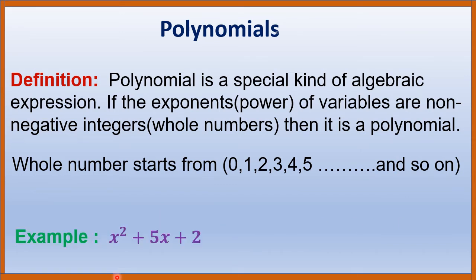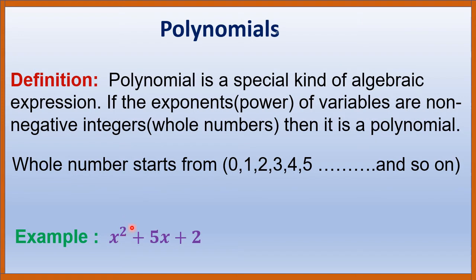Now, for example, x square plus 5x plus 2. This is an algebraic expression, right? Because it has a variable x and it has a constant also. But we have to check whether this expression is a polynomial or not. Our condition is that the power of the variable should be a whole number.